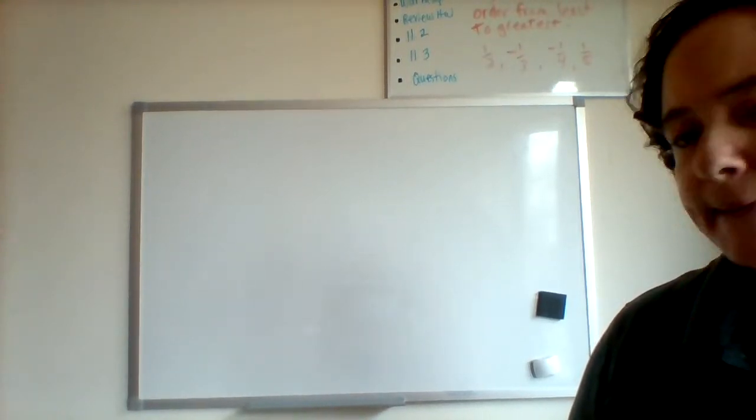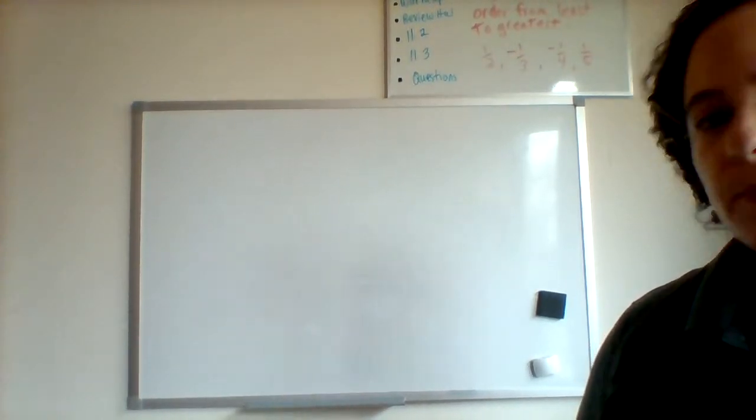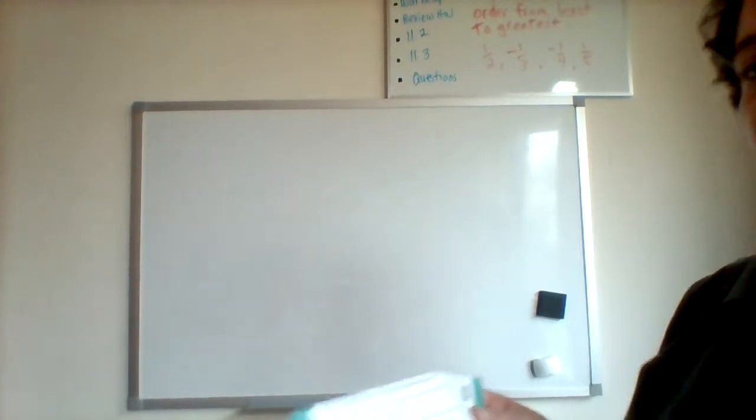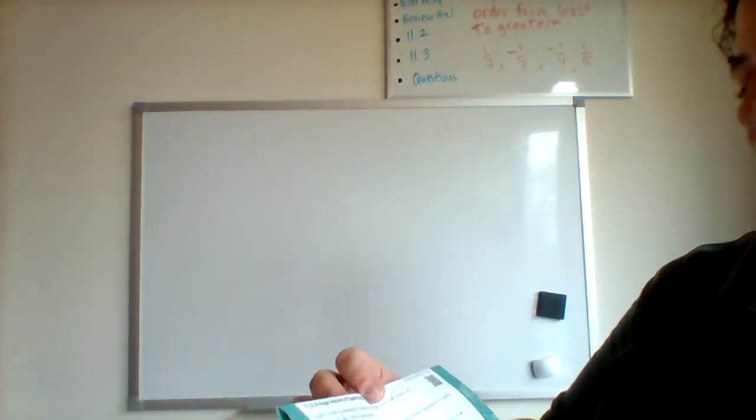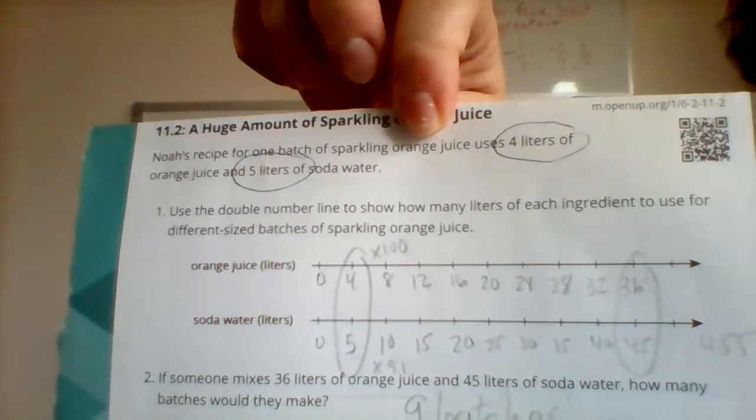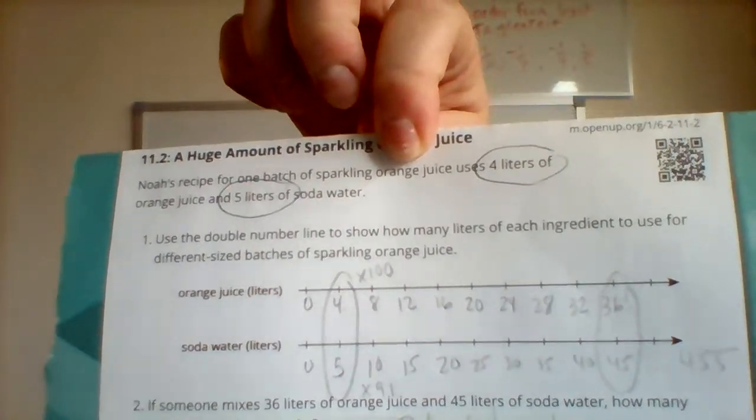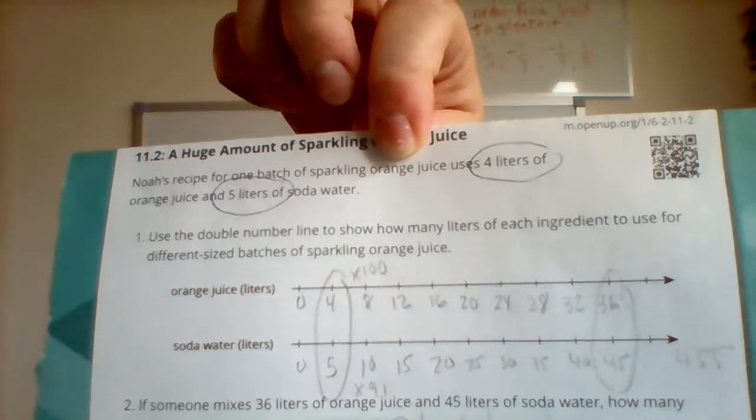All right, hopefully you guys tell me 9. Because I don't know how you got 7. Don't count the 0. Start with the 4, 5. Okay, good job. You counted 9? Okay, 9 batches.